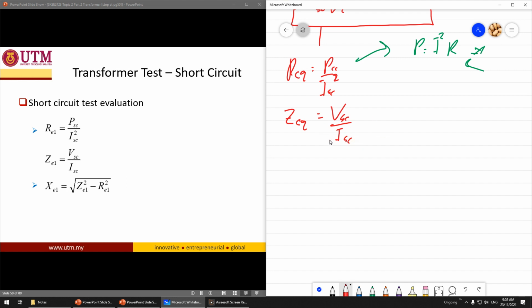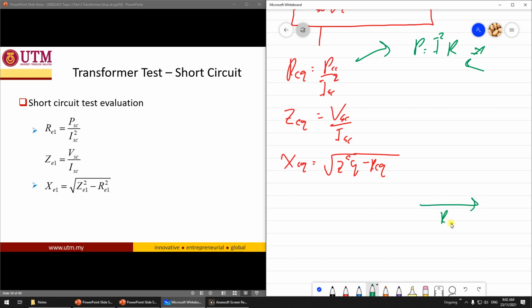Then you use Pythagoras: XEQ is the square root of ZEQ squared minus REQ squared.